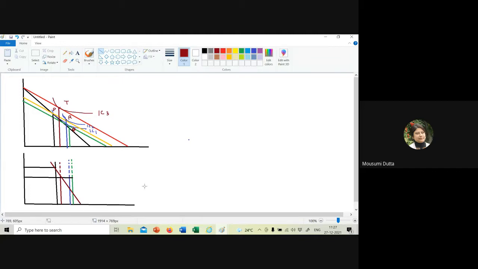This is the ordinary or the Marshallian demand curve. This is Slutsky. This is Hicks.